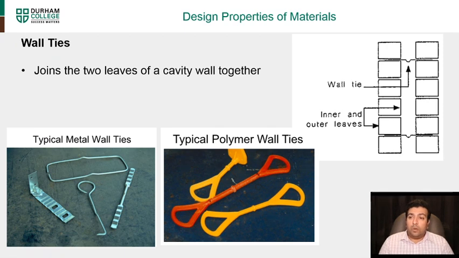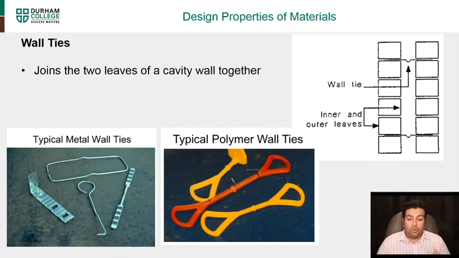Next is the wall ties. These are ties that join the leaves of cavity walls, or let's say you have a wood structure and a brick veneer, you use wall ties to connect the brick veneer to the structure.